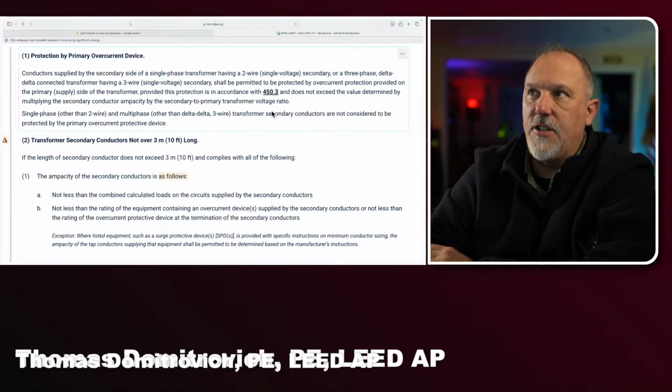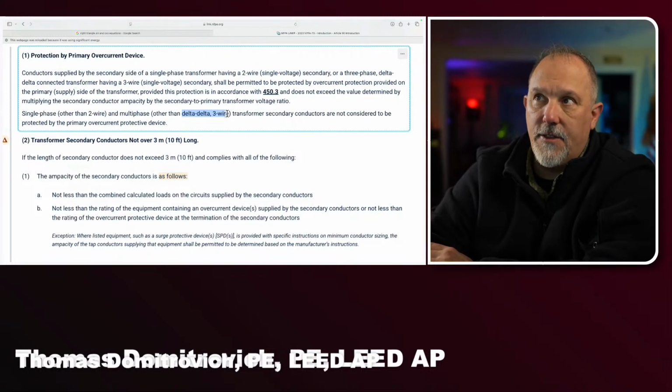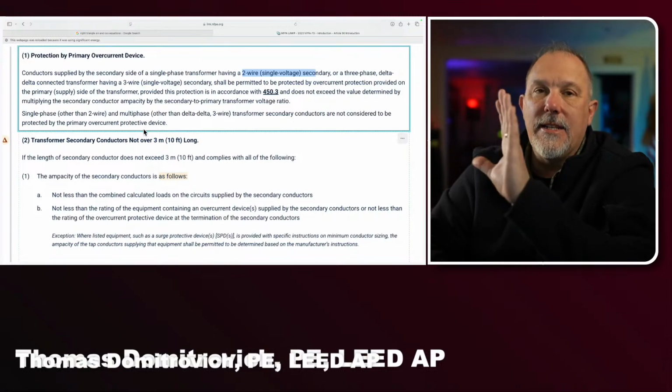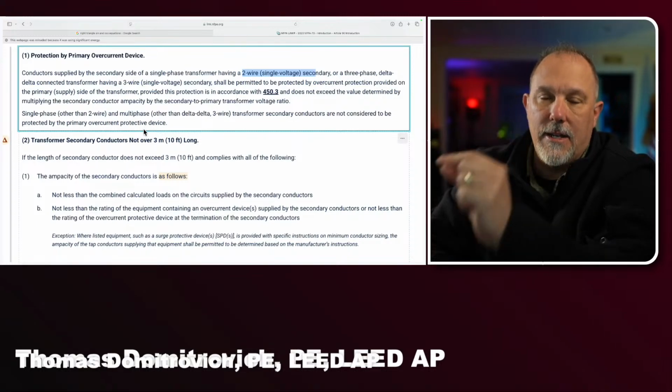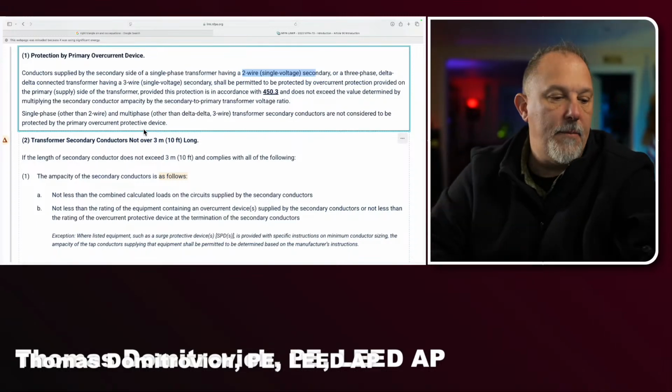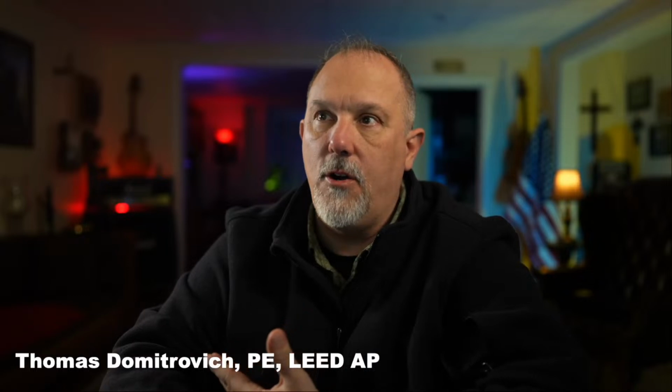Single-phase and multi-phase transformer secondary conductors are not considered to be protected by the primary overcurrent protective device. So unless it is a delta-delta 3-wire or a single-phase 2-wire single-voltage secondary, unless I meet those two conditions, I cannot claim that the secondary will be protected by the primary overcurrent device.